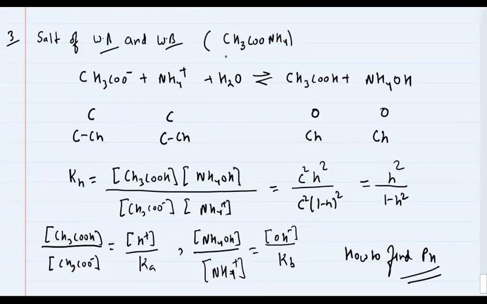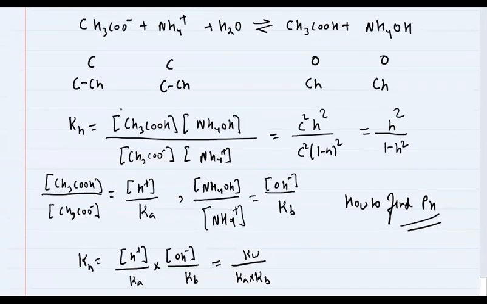So we have salt of weak acid and weak base. We will take this component of weak acid and from weak base, and both of them will hydrolyze to form acid and base. So we'll write the same reaction: C minus Ch, C minus Ch, Ch, Ch, then Kh as per your chemical equilibrium.